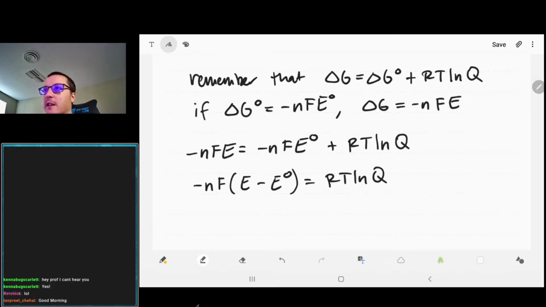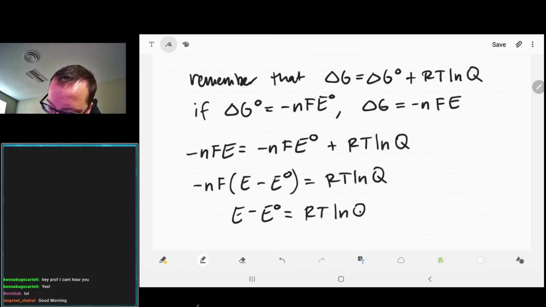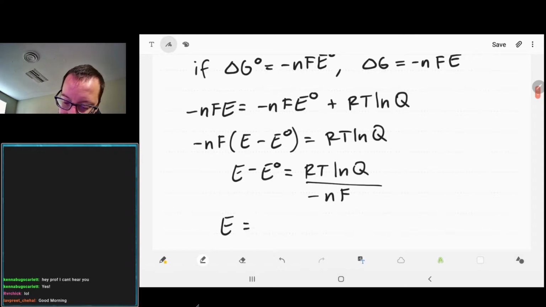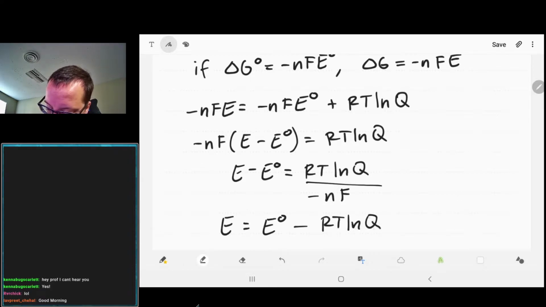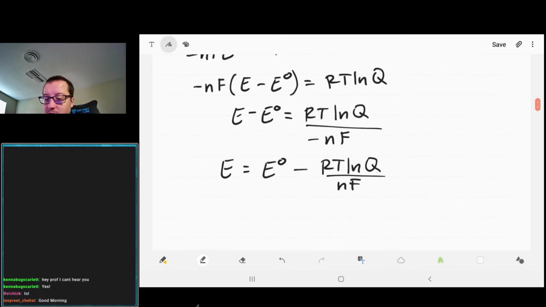We can solve this for E. And so, therefore, positive E, plus, or rather minus, we can say. We can relate all this to our reaction quotient at a given time.